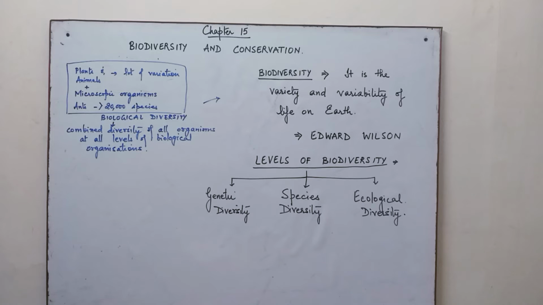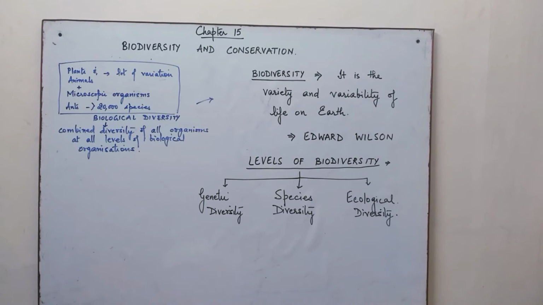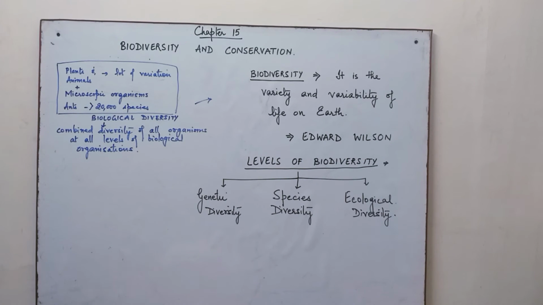And if we look at the total number, it is nearly more than 14 million organisms inhabiting this planet. So there is a lot of variation and variety available on this planet. Now there are various levels of biodiversity: genetic diversity, species diversity, and ecological diversity.